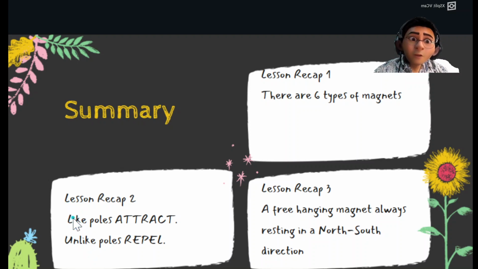Unlike poles means N with S, attract. Like poles, N with N or S with S, repel. Lesson recap 3. A free hanging magnet always rests in a north-south direction.